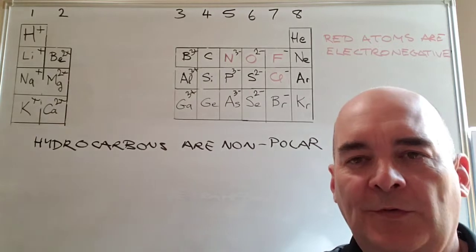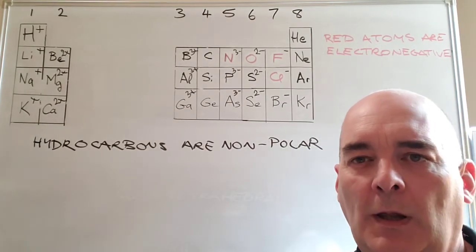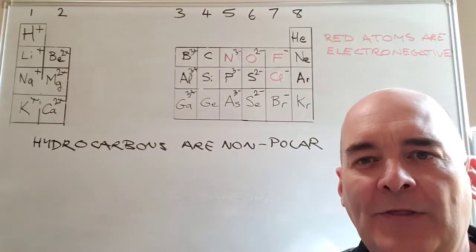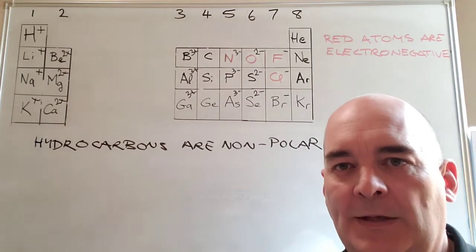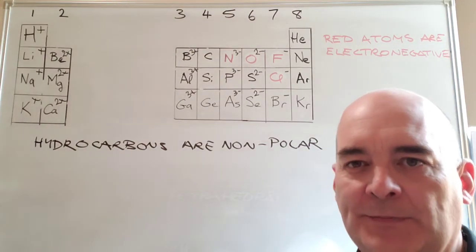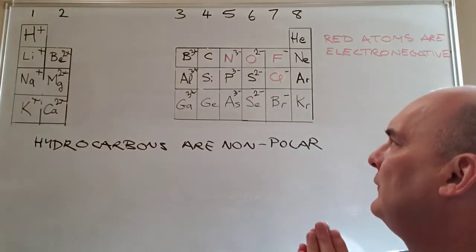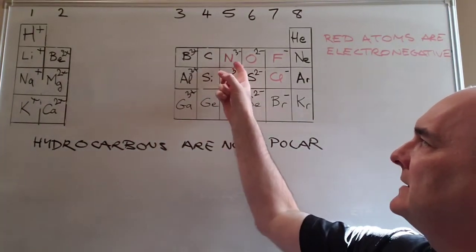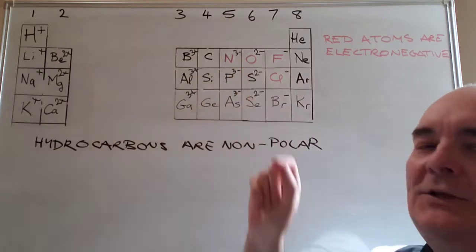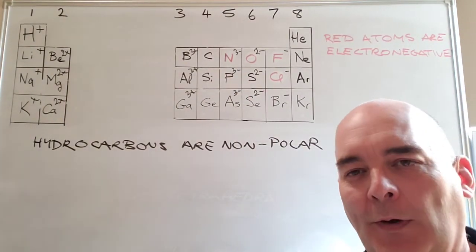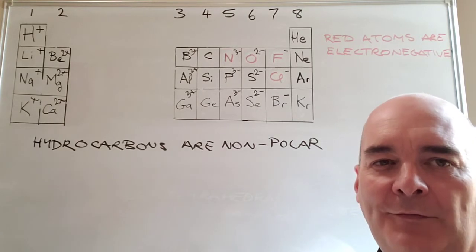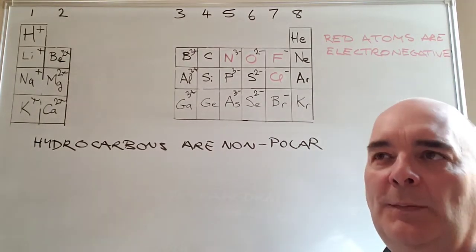All the molecules that we've seen up to this point were all hydrocarbons, and they're all non-polar. None of them had an electronegative atom inside. And if you don't have an electronegative atom, then you cannot have a polar bond. And if you don't have a polar bond, then you cannot have a net dipole and be polar.